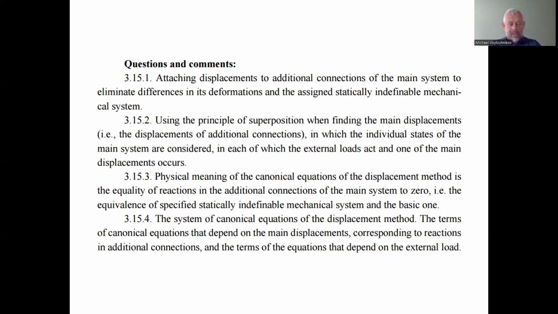This is a physical sense of the canonical equations. Equality to zero of the force of all factors impacting together in each of the nodes with extra connections, due to the concepts of the main system of the displacement method.